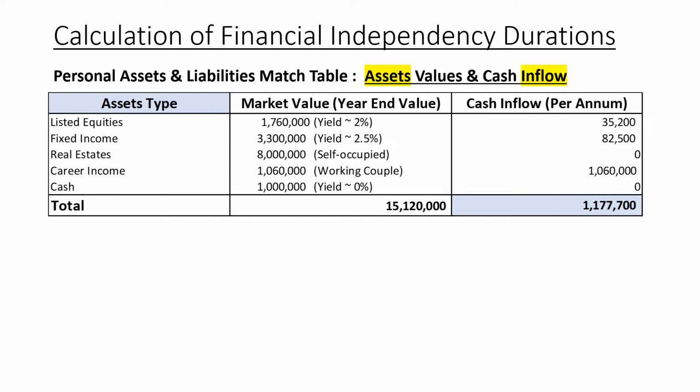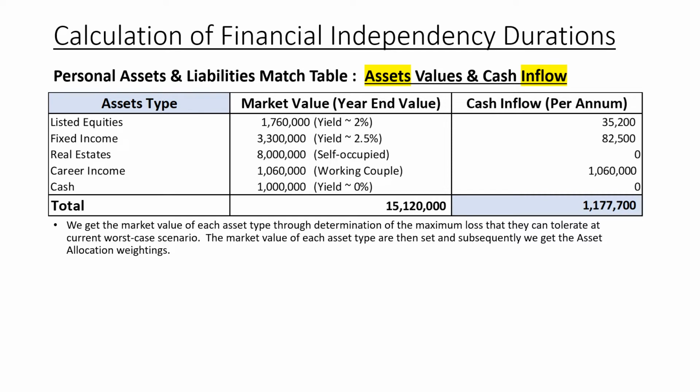If the real estate is just for self-occupancy, you don't have any income from that. And for the yield from cash, if you have any yield, it is starting to have yield now, so you can get a cash inflow item for the year. Then you can estimate the market value of the assets that you own in terms of current value.